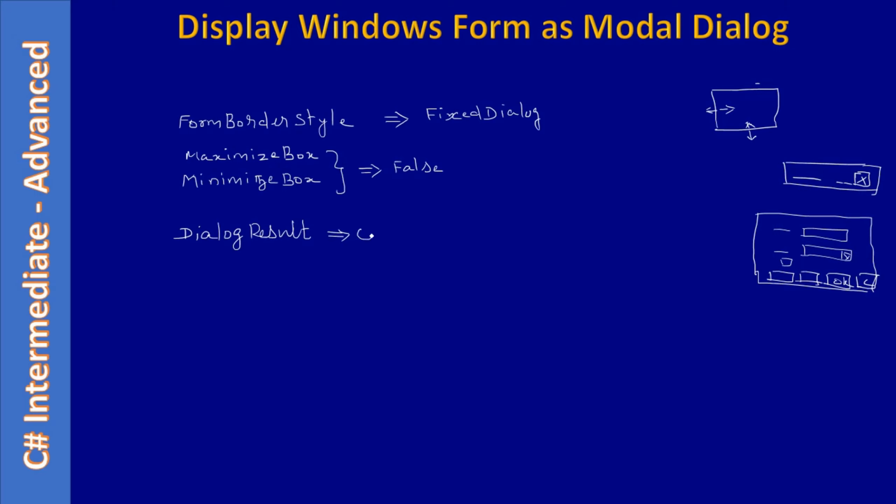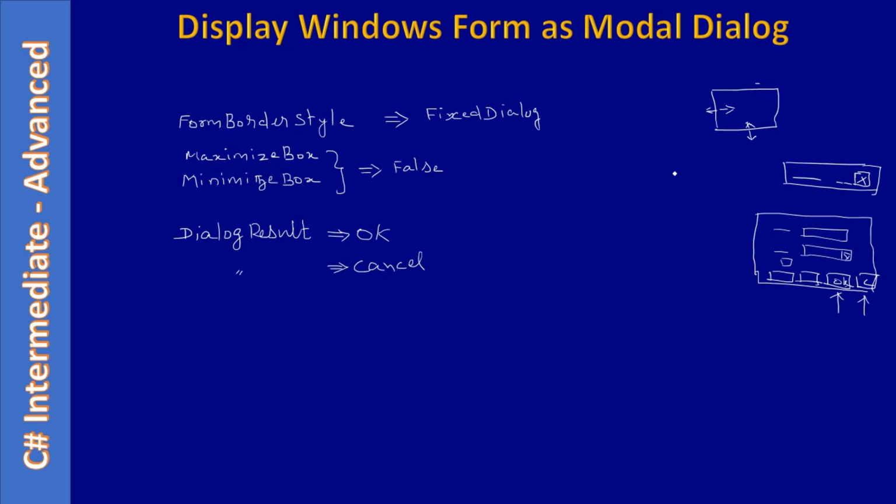So you can click one button and you can assign what result it will send to the caller. So DialogResult OK and cancel. That's what we are going to set in our demo. Why? Because our demo will have two buttons. One is OK and one is cancel. For the OK button, we access the DialogResult property and we will set OK, and for the cancel button, we will set the DialogResult property to cancel.